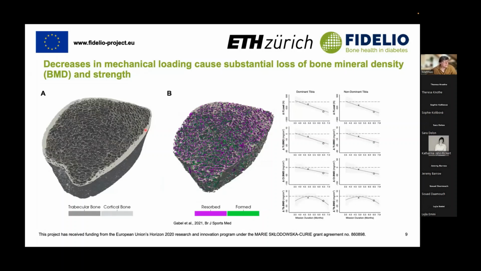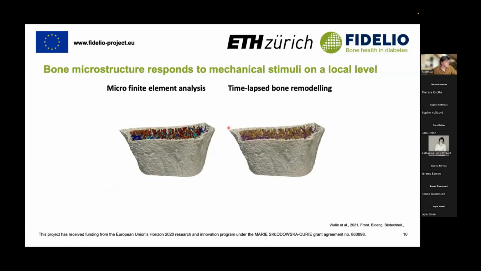And what you can see here is that once bone is unloaded, you really have a steep decline in your bone mineral density and also in your bone microstructure parameters. It's acting on this principle of use it or lose it. So if you don't use your bones, they will be resorbed and you will have a decline in bone strength as well. So there are very many indications that this process is regulated by mechanical stimuli.